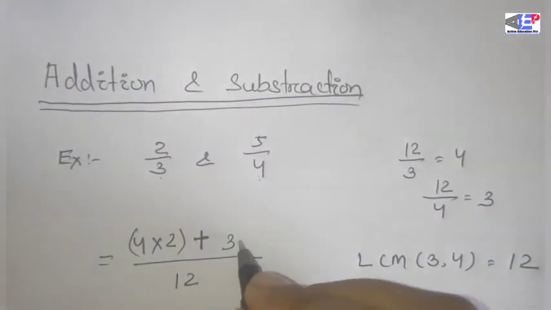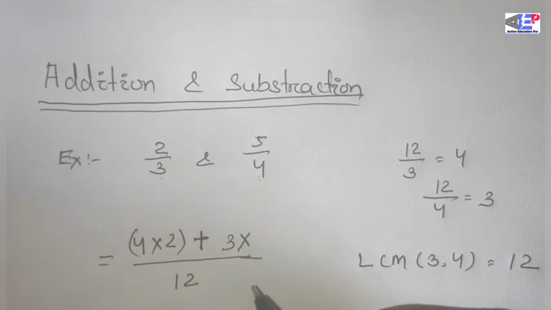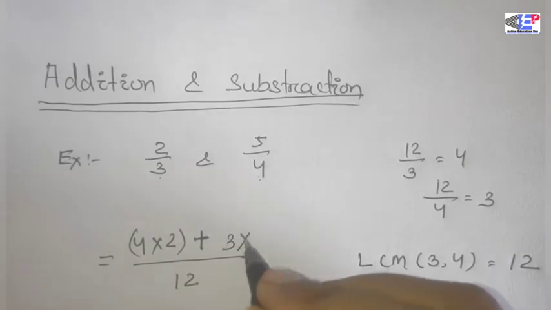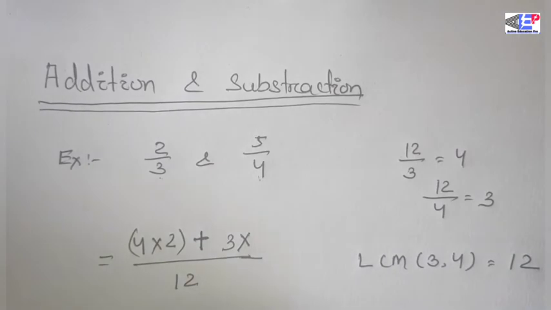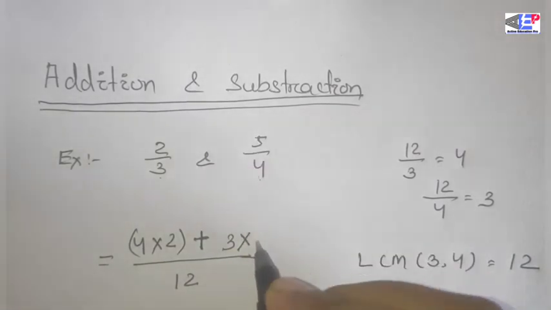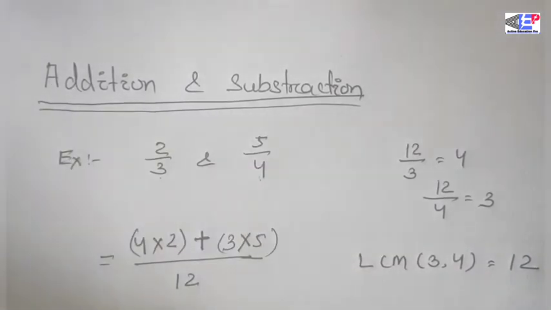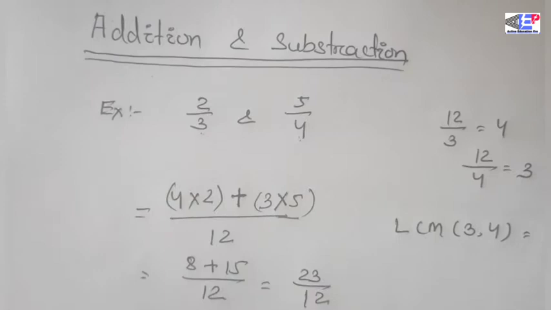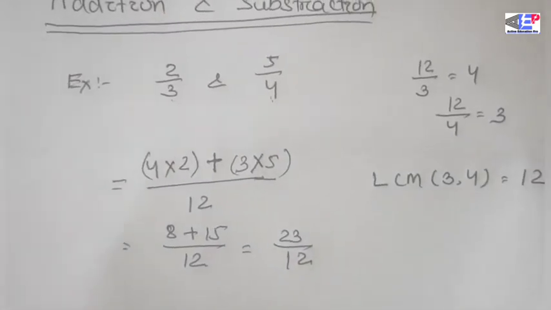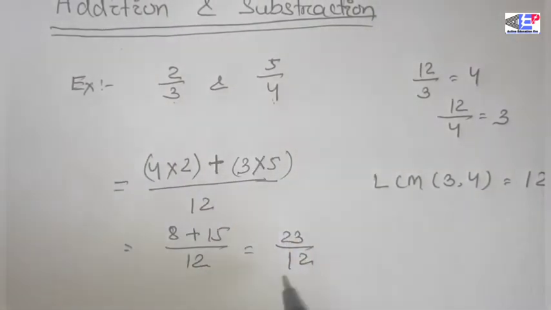Then multiply the quotient with the numerator of the second rational number, so 3 into 5. So 4 into 2 is 8 plus 3 fives are 15, by 12. 8 plus 15 is 23 by 12. It is your answer. If we add 2 by 3 with 5 by 4, our addition result will be 23 by 12.